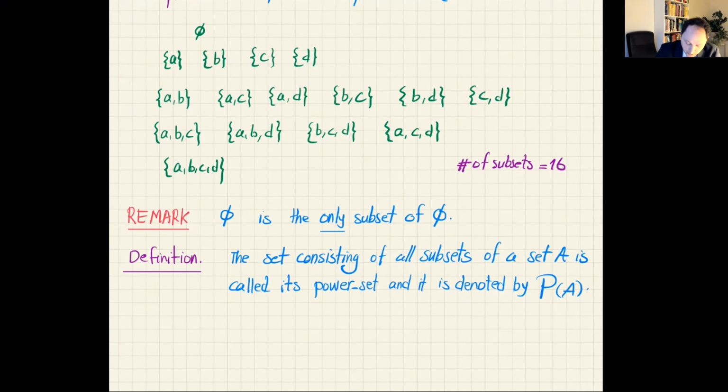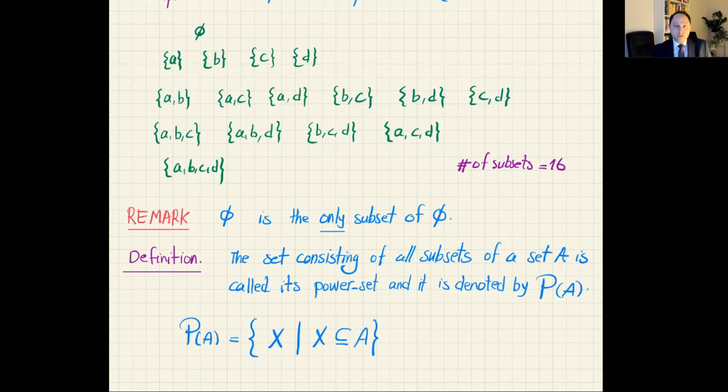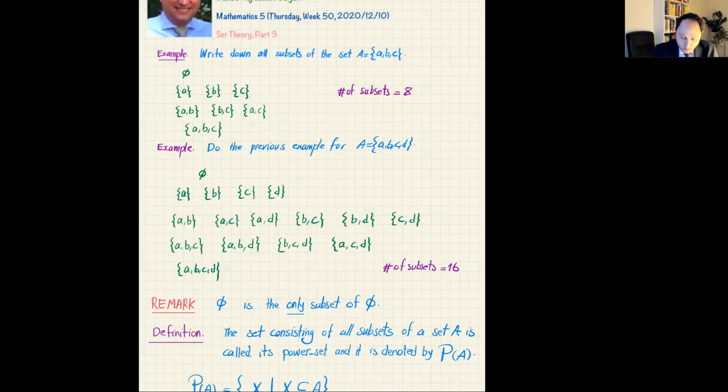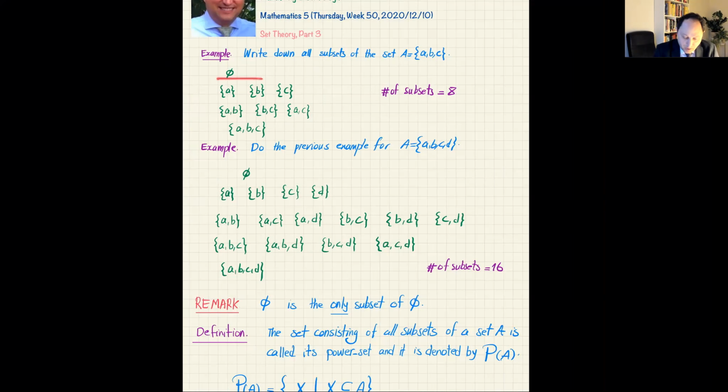So in principle, if I want to define a mathematical definition for the power set of A, it contains all sets X such that X is a subset of A. So that is called the power set. But the power set is a very simple idea, because when I was talking about the subsets, I wrote them in an unorganized way.